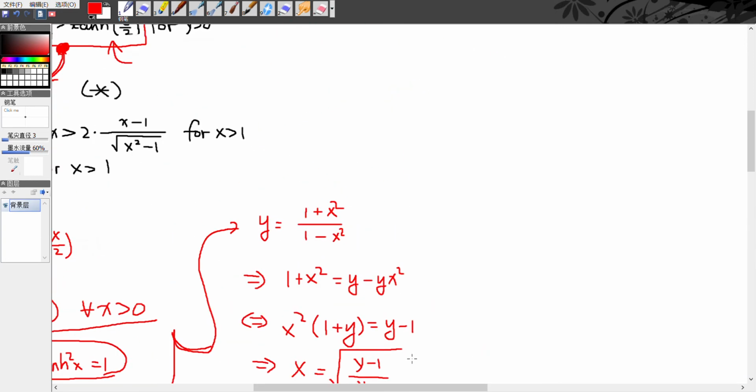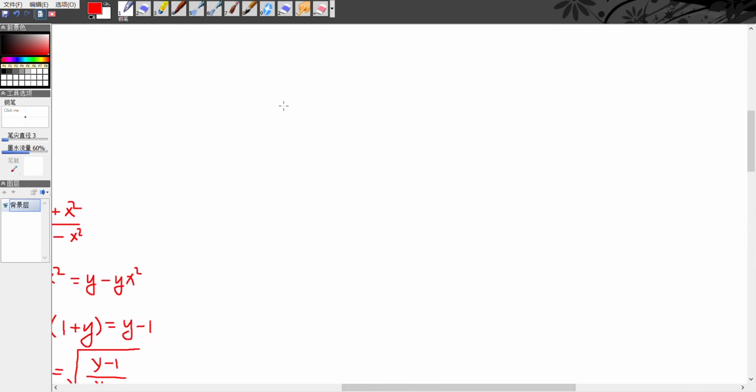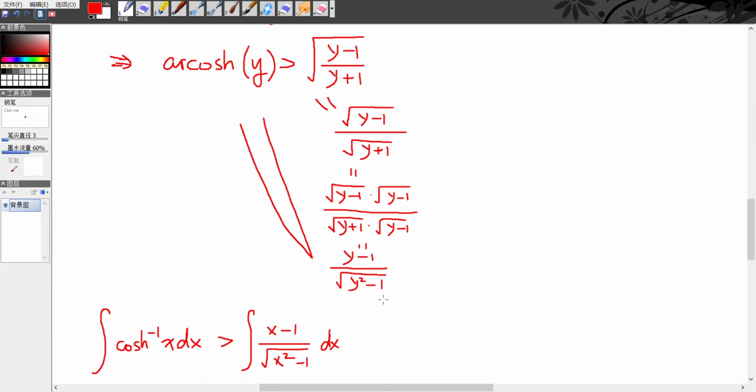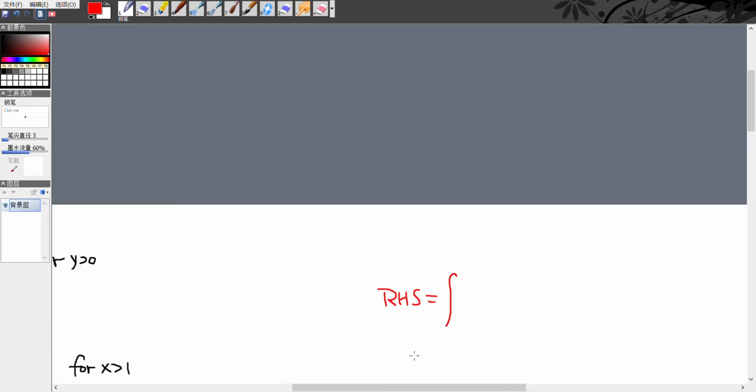And for the right hand side, RHS is equal to the integral of (x minus 1) over the square root of (x squared minus 1) dx.